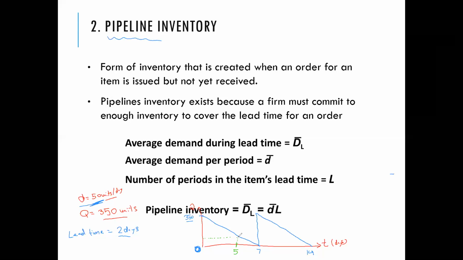Now, on day 5, when we place the order, we have 100 units left in stock, because we will use those 100 units for the next 2 days, right? We will use the first 50 on day 6, and by end of day 6, we will be left with 50, and those 50 will be used on the last day. Now, this figure of 100 units is called pipeline inventory.